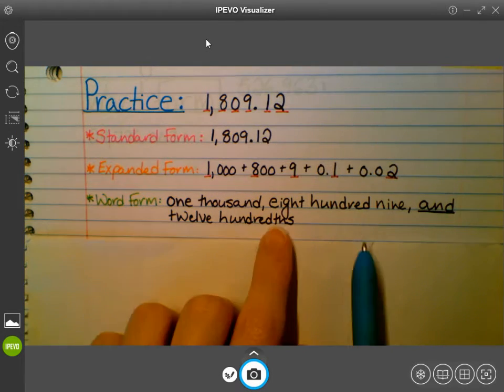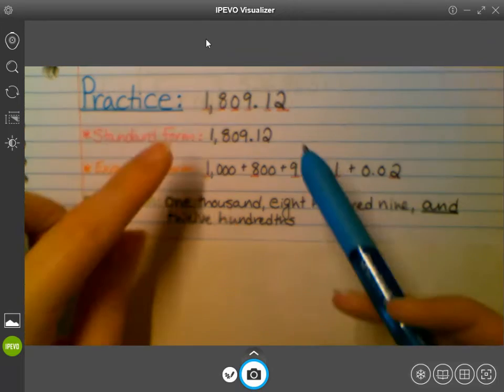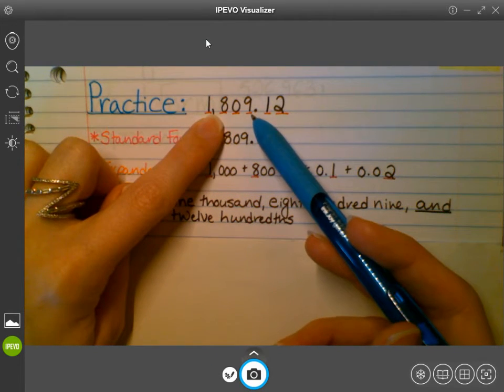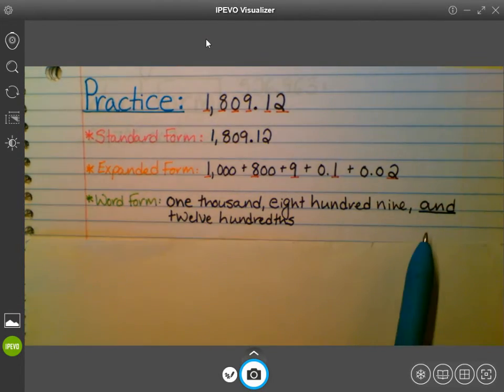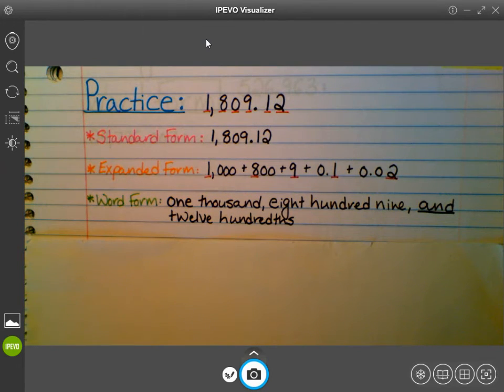Exactly, and it's all together. 809, that is all together. Exactly, so there's no need for an and. We only use the word and when we are at the decimal point. So 1,809 and 12 hundredths. So we only use and when we are at the decimal point.